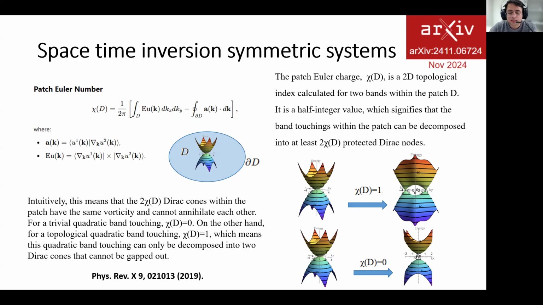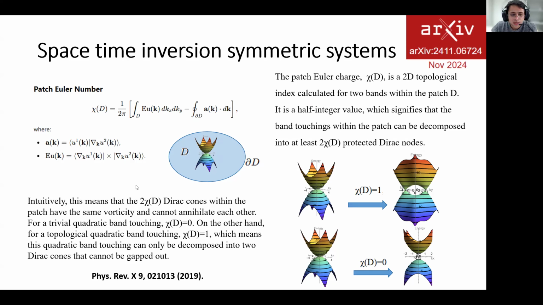One can prove that such a quantity in a PT symmetric system is half quantized, and its value is related to how many Dirac points can be protected in that patch. For example, if you have a patch Euler charge chi d on this patch, then you can finally make it into 2 chi d protected Dirac nodes.